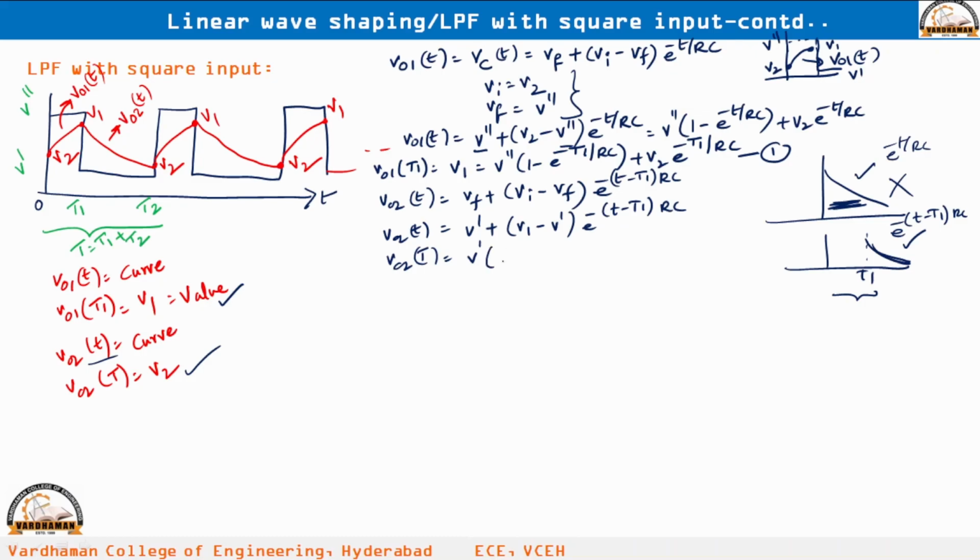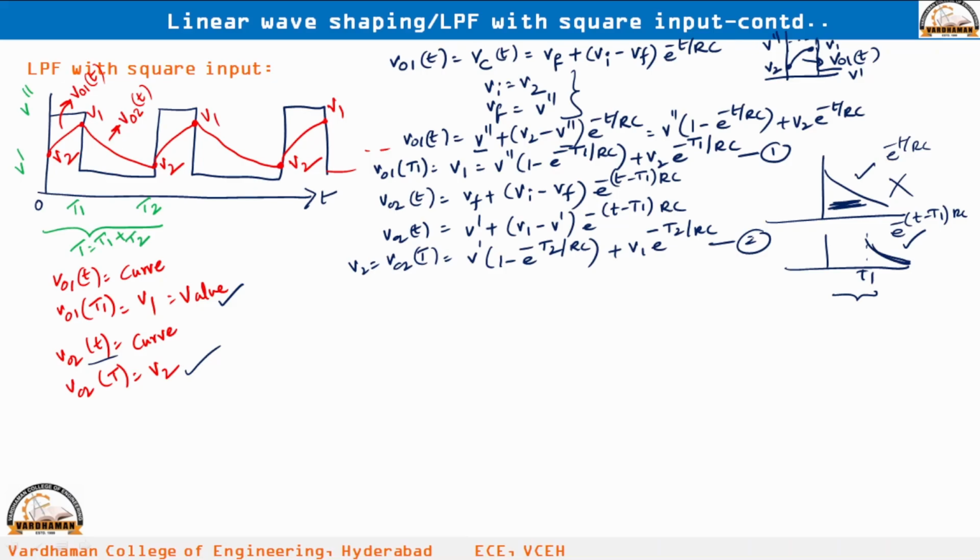If you take V dash common, 1 minus e power minus of, in place of small t you need to write capital T, listen carefully, but capital T minus T1 is there, so that you will get T2 by RC. Now, I am writing the remaining terms, that is V1 into e power minus T2 by RC. What is the meaning of this? You are substituting t equal to capital T, which means you are looking for the V2 equation. So, this is equation 2.